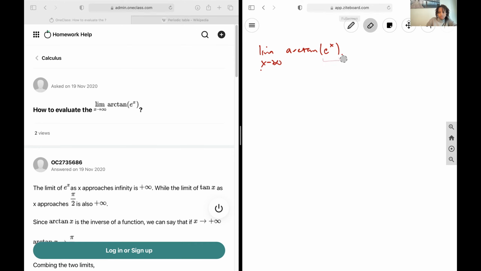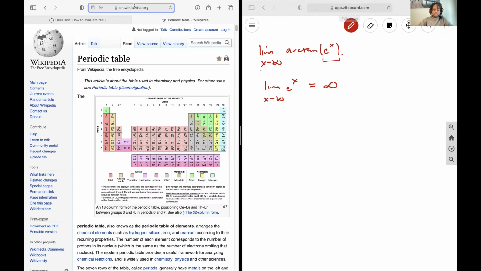And so we know that if we look at the limit as x approaches infinity of e to the x, that is going to give us infinity. And if you simply look at the graph of e to the x, you'll be able to see that. Let's go ahead and pull that up.